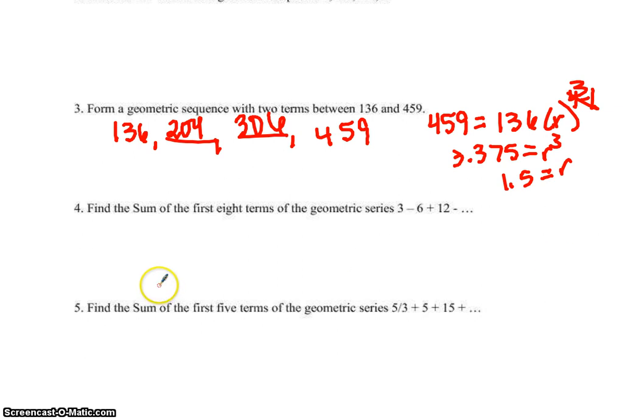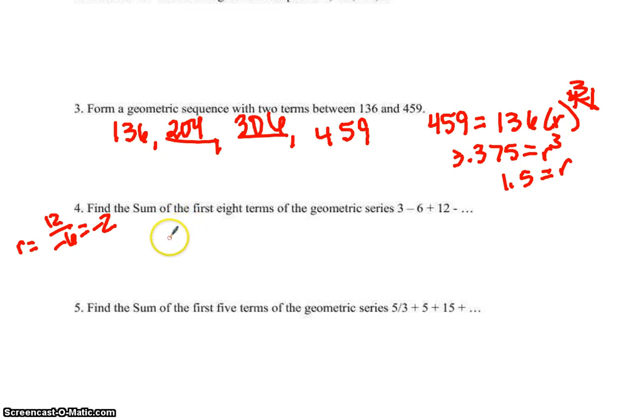Number 4, find the sum of the first 8 terms of the geometric series. Once again, you really need to know what r is. So r is going to be equal to 12 divided by negative 6, which is negative 2. Go back up to your formula for the sum.